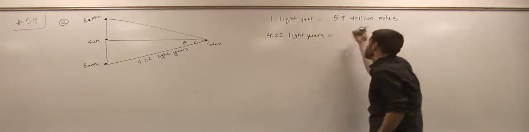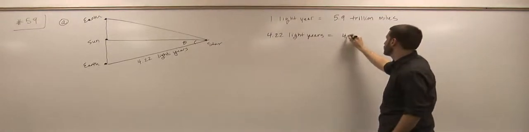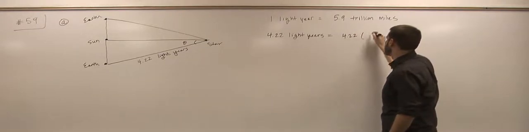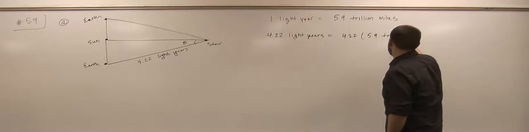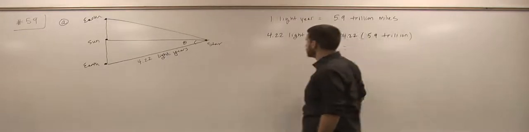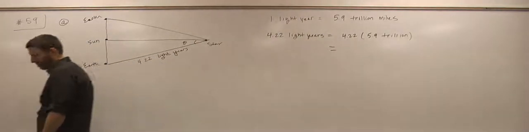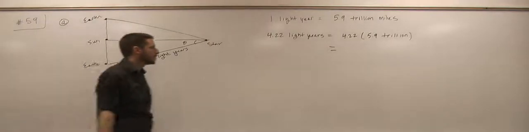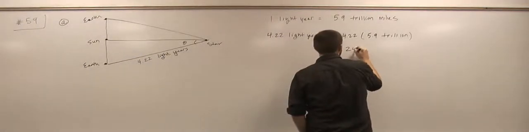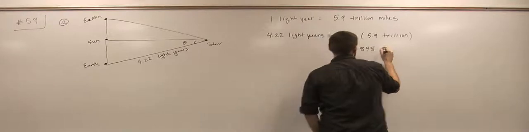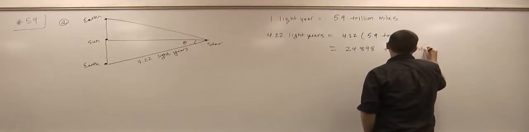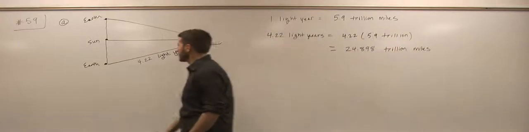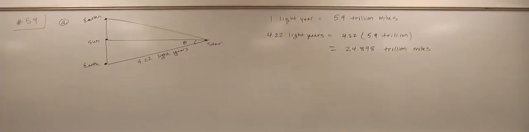Times it by 5.9. If you have your conversion factor, just take 4.22 times 5.9 trillion. It's 24.898 trillion miles. That's a lot of miles, I guess.